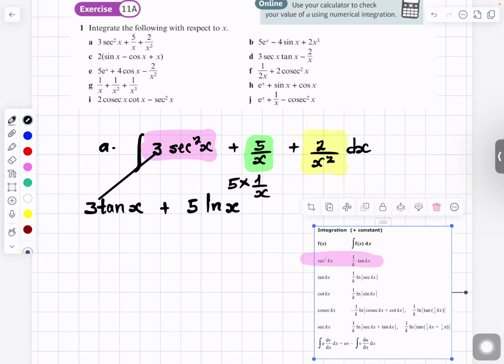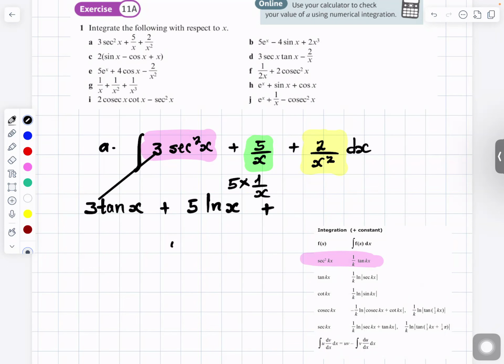And then the next one, the last one, the one in yellow. Wait, for the green one, why does it become 5 ln x and not just ln 5? Why do we have to separate the 5 from the 1 over x part? That's a good question. 5 over x is the same as 5 times 1 over x. You happy with that?